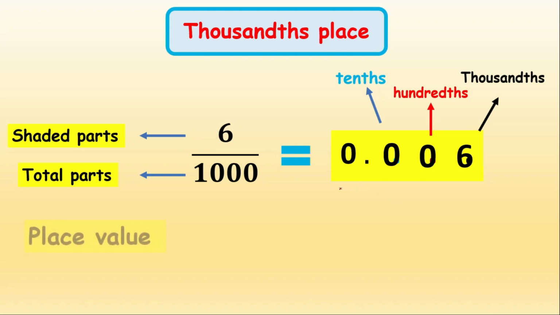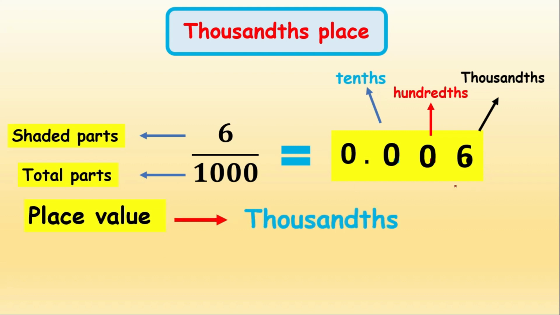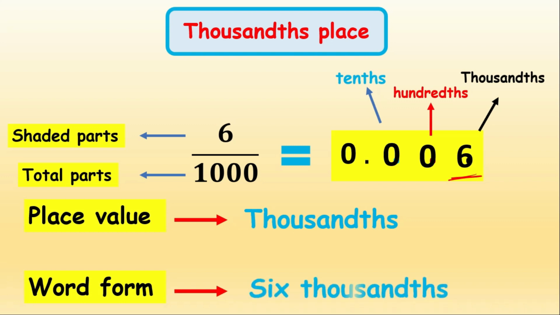Okay, and you have to know that the place value of 6 is thousandths. Also, the word form is written as 6 thousandths.